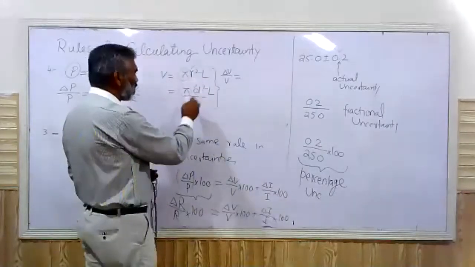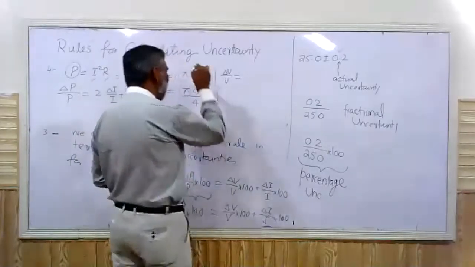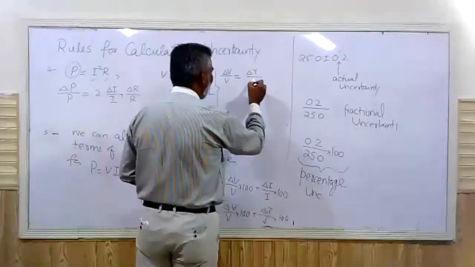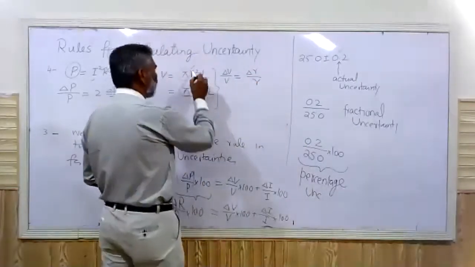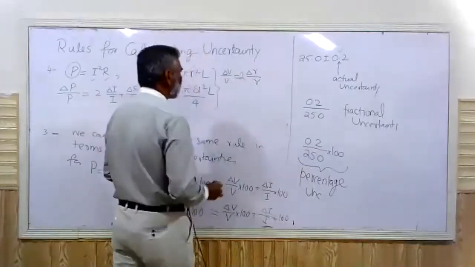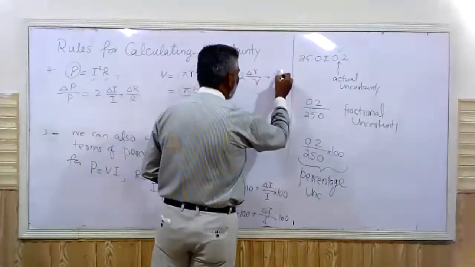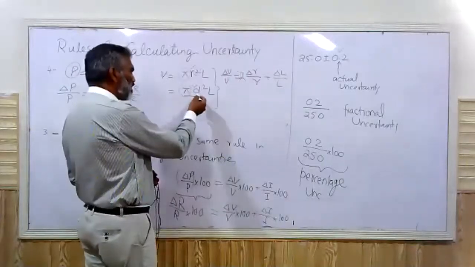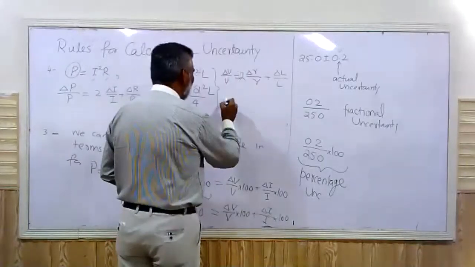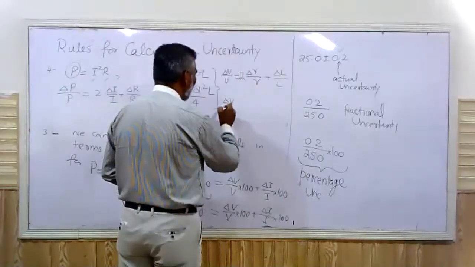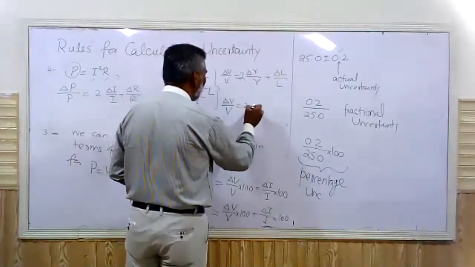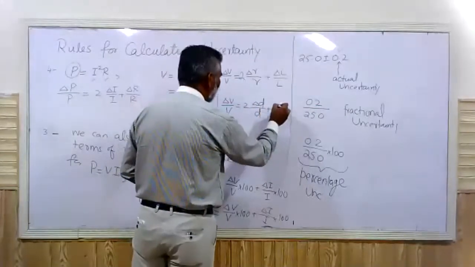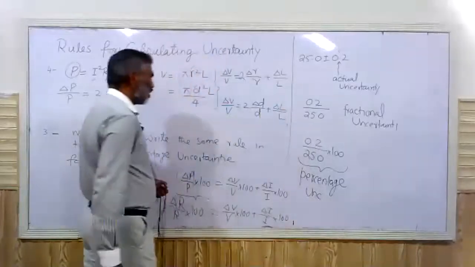So if radius is given, it's better you write delta R over R, but this 2 will be multiplied here, plus delta L over L. And if diameter is given, nothing will change. Simply delta V over V will be 2 delta D over D plus delta L over L.